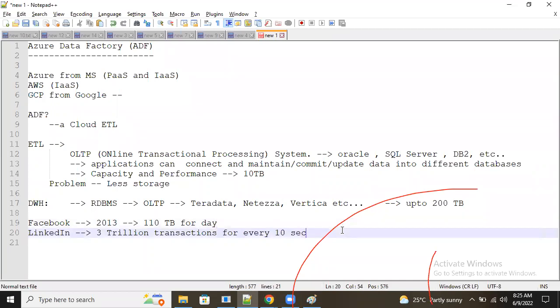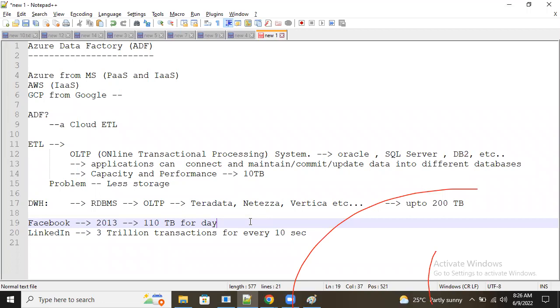Now tell me guys, if I want to maintain Facebook data or LinkedIn data in any of these, Teradata, Netezza, Vertica, it may support up to 1 or 2 days of data, not more than that. If you go for Facebook, it supports only 2 days of data. Maybe for Amazon, you can maintain 3-4 days, maximum 1 week of data.